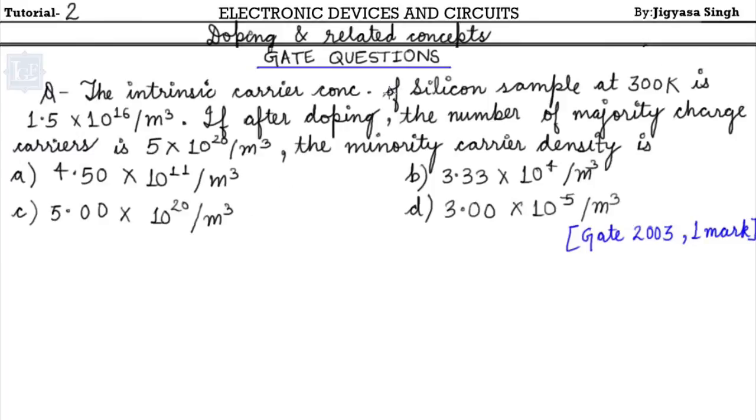So this question was asked in GATE 2003. The intrinsic carrier concentration of silicon sample at 300 Kelvin is 1.5 into 10 to the power 16 per meter cube. If after doping the number of majority charge carriers is 5 into 10 to the power 20 per meter cube, the minority carrier density is. So Ni is given and N is also given.